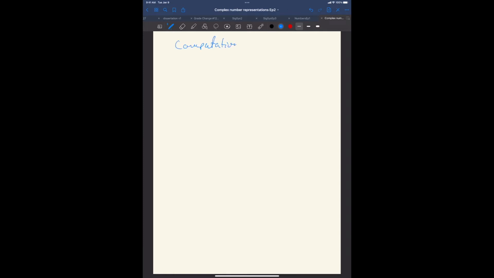Those are more computational representations. So if I had x plus y, both x and y being complex, I have a plus jb, and I add to it the y, which let's just make it be c plus jd.